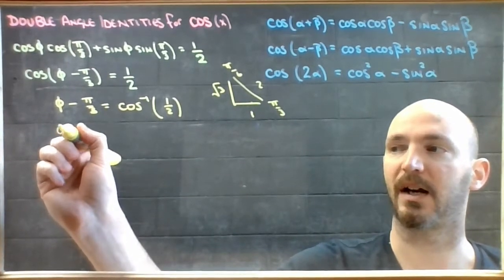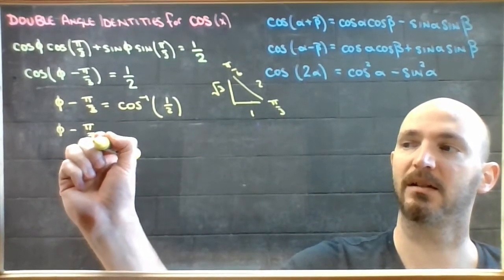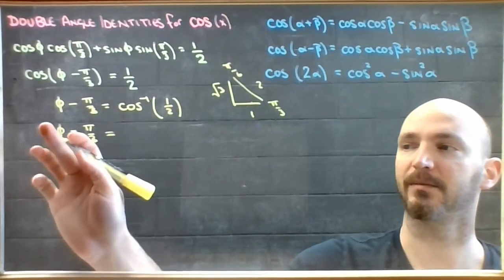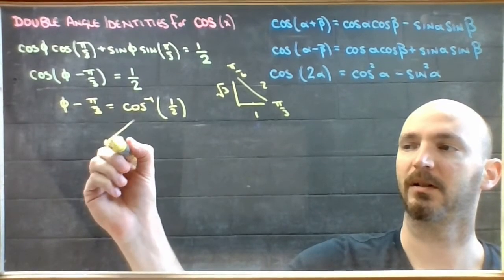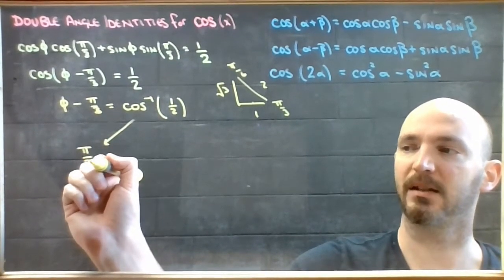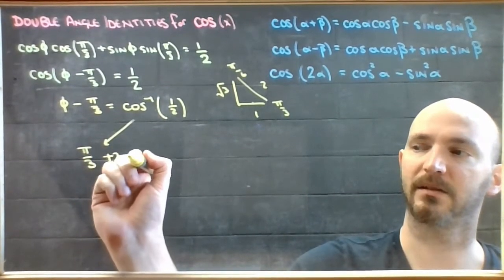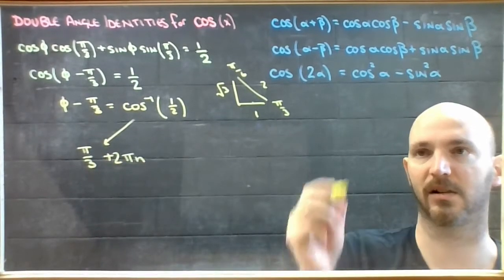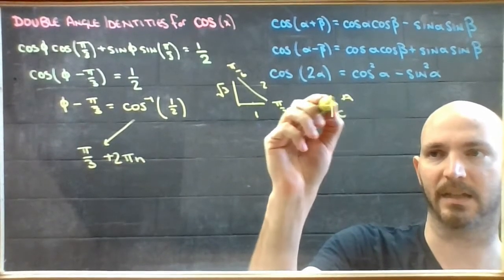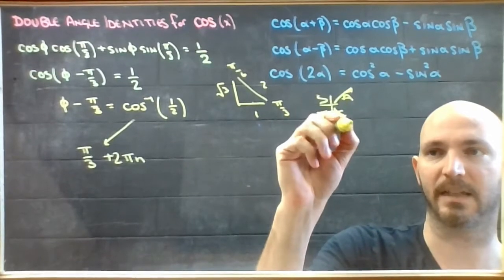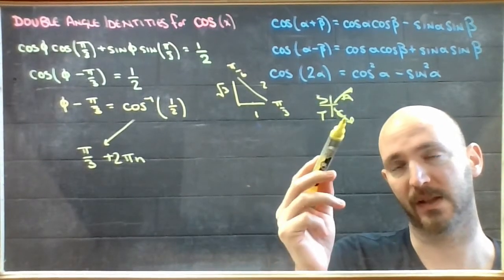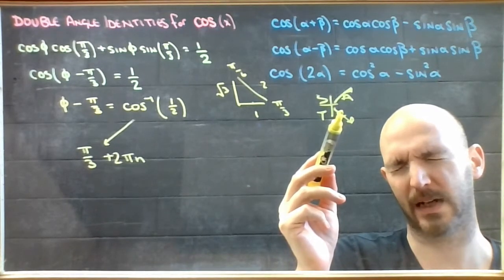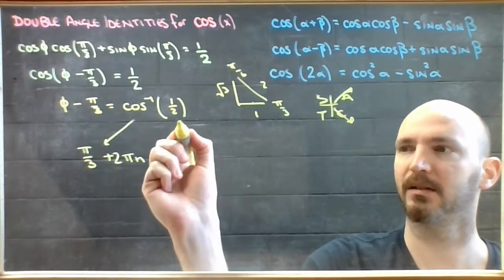So I've got phi minus pi over 3 is either, sorry, I guess I have two solutions. It's either pi over 3 plus 2 pi n, or cosines are positive, C-A-S-T, here and here. So that's the pi over 3 solution. This would be not quite 2 pi, which is 5 pi over 3.